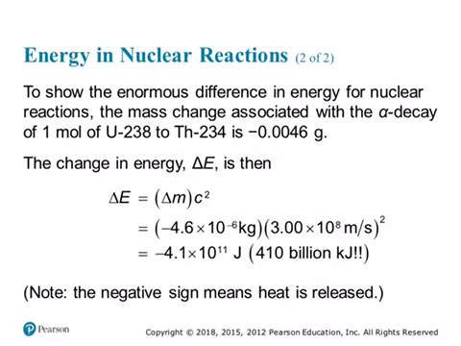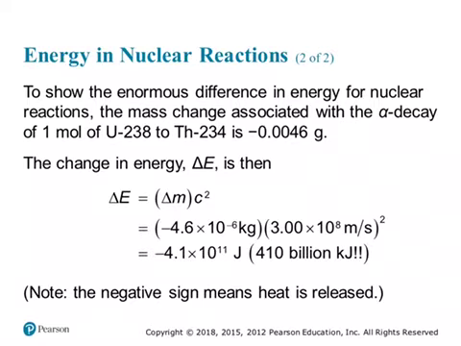To show the enormous difference in energy for nuclear reactions, the mass change associated with alpha decay of 1 mole of uranium-238 to thorium-234 is negative 0.0046 grams. So let's look at this change in energy.